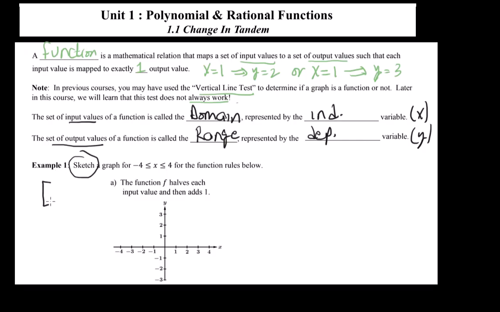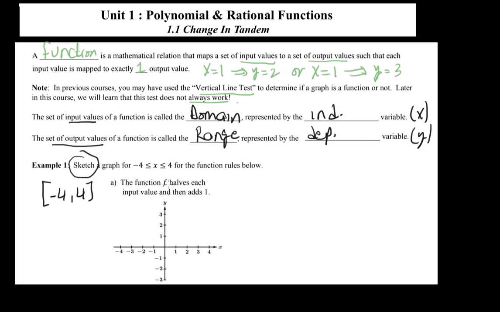So we're using a closed interval, which means we cannot go beyond -4 or beyond 4. We cannot have -5, -6, or 5, 6, 7. We're only going from -4 to 4.